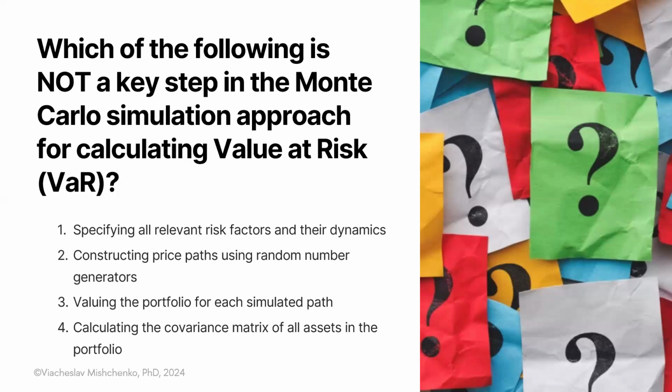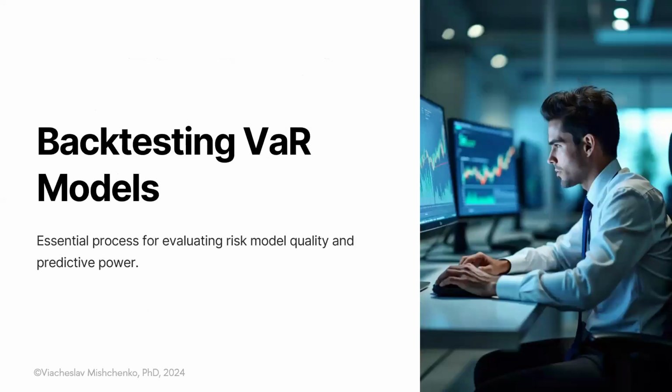Therefore, calculation of the covariance matrix is not a specific step in the Monte Carlo method, but rather, I would say, a component of the variance-covariance approach to value at risk calculation. So thank you for your answers. Let's go on.